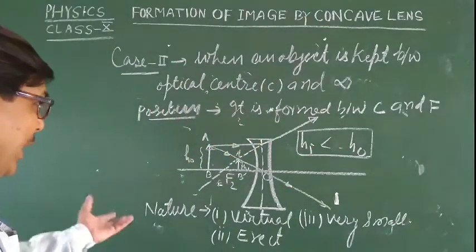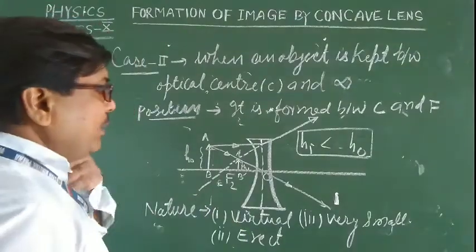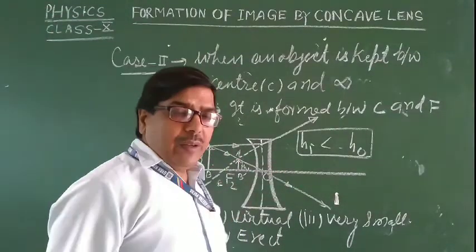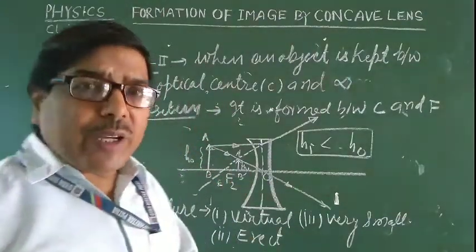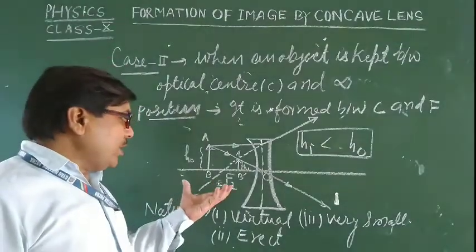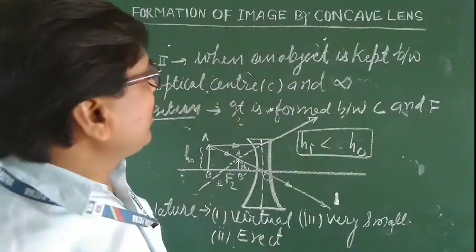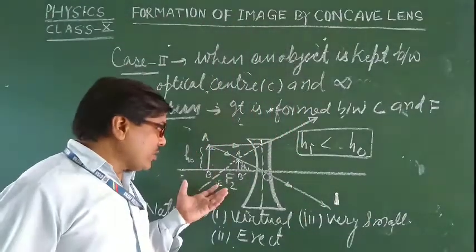So we can find the position of the image with the help of this ray diagram, and this plays a very important role during the formation of image by a concave lens.